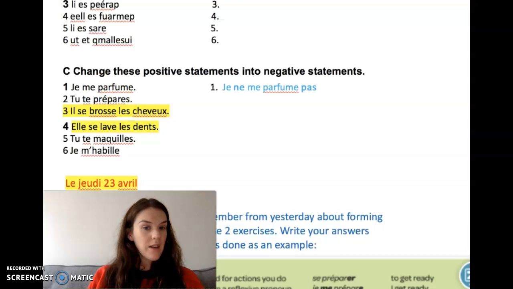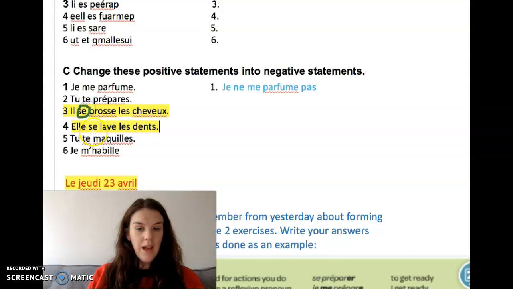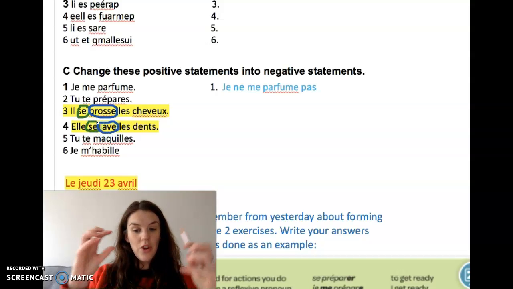So here, my reflexive pronoun here is se, and my reflexive pronoun again is se. And then here my verb is brosse, and here my verb is lave. So the ne and pas only go around that.